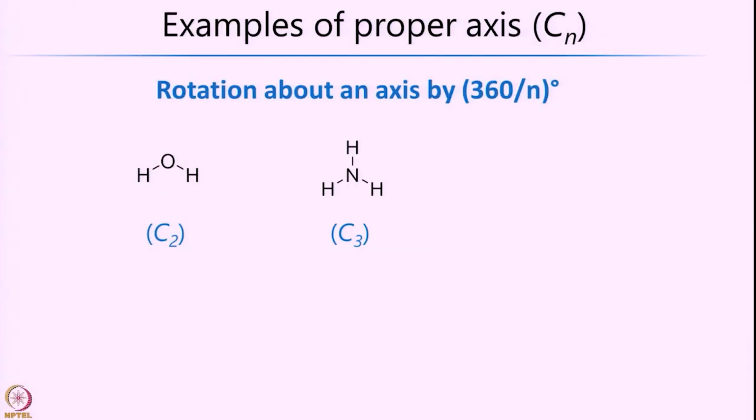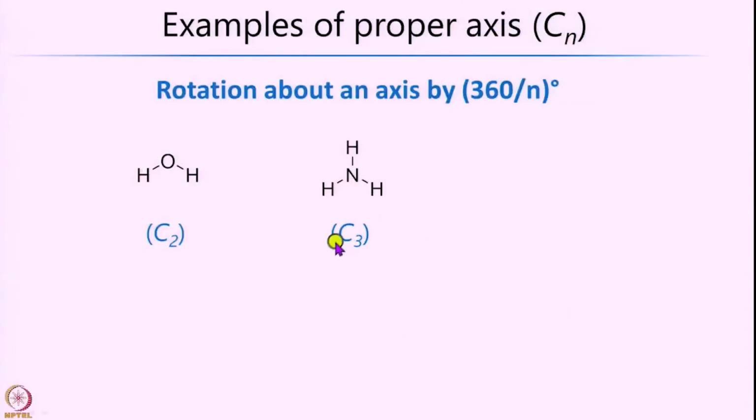To give you another simple example, I have taken here an ammonia molecule, NH3, where the black ball represents the nitrogen and the green ones represent the hydrogens. To get back this molecule, I need to do a 120 degree rotation. If I rotate, I get back the same molecule, and I can keep on doing this.